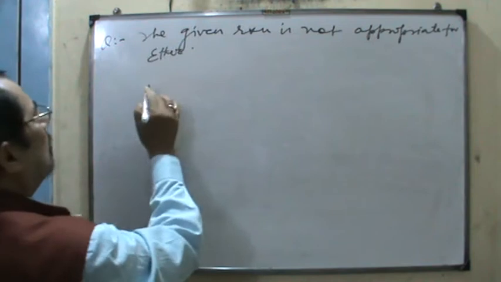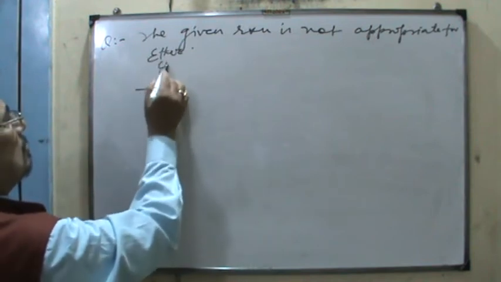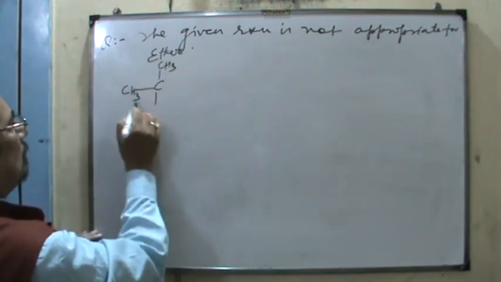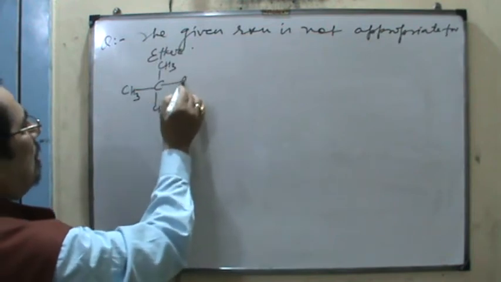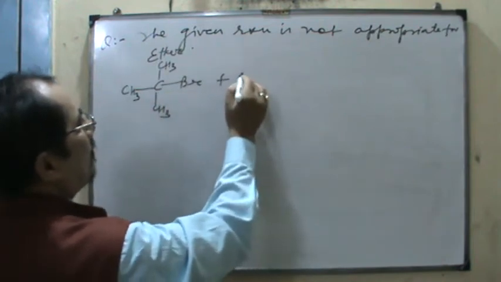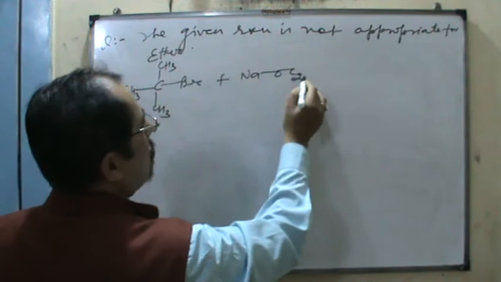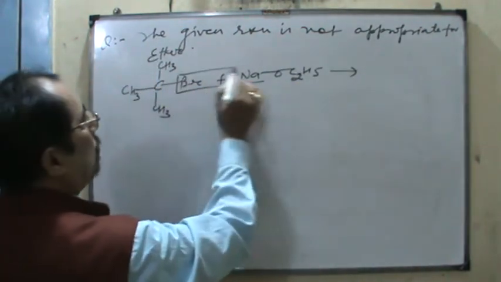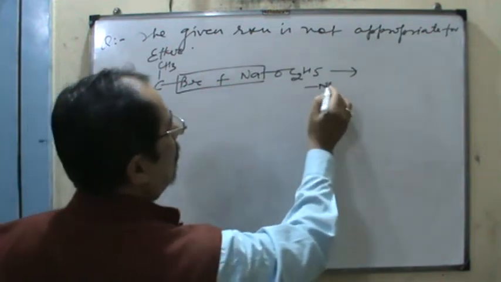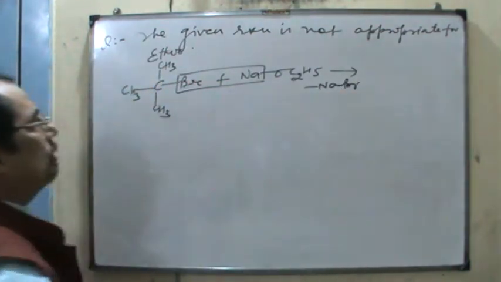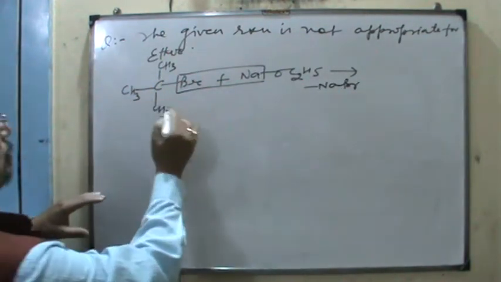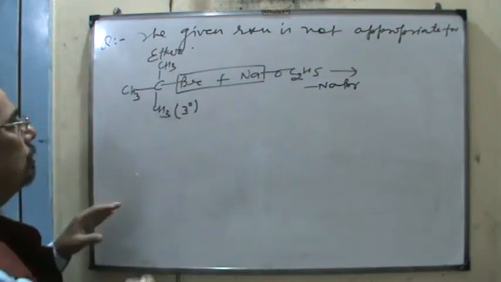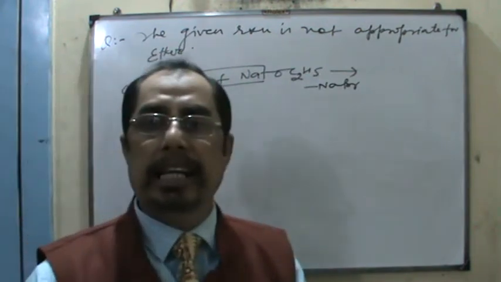The question is given like (CH3)3CBr and NaOC2H5. Although you take nucleophilic substitution reaction, and what is lost? It is what kind of halide? It is no doubt 3-degree alkyl halide.